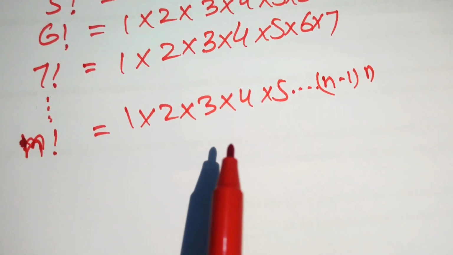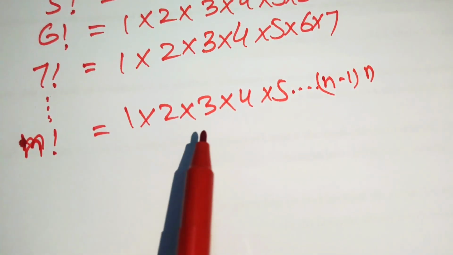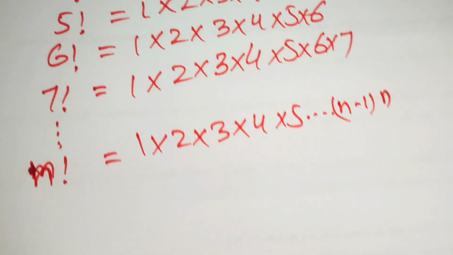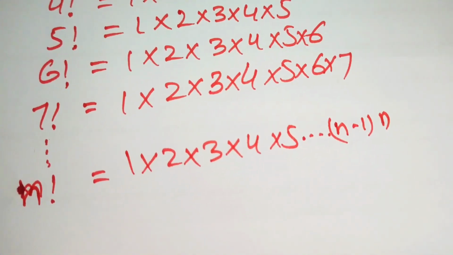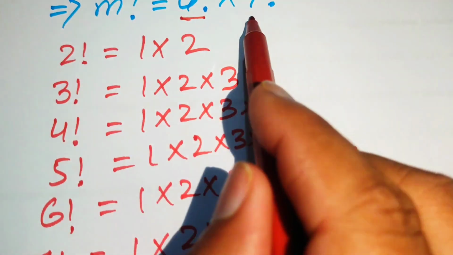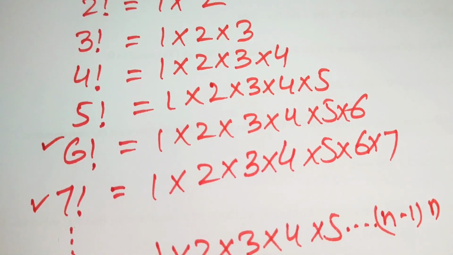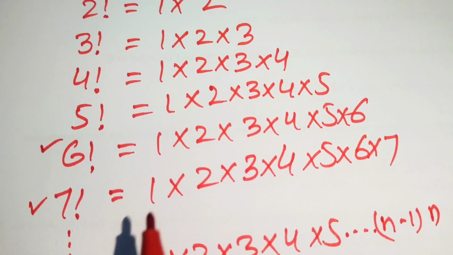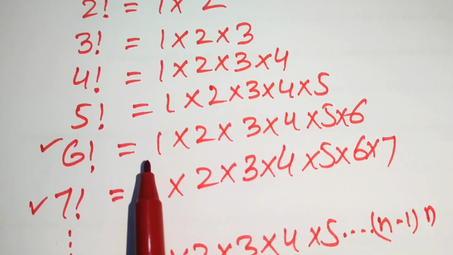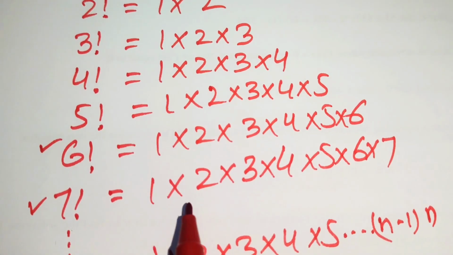So this is our n factorial. Here we need to use these two values, 6 factorial and 7 factorial, so we choose these two values, and first we write our 7 factorial.